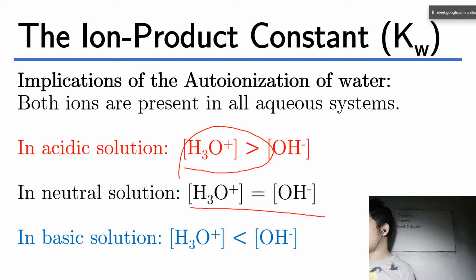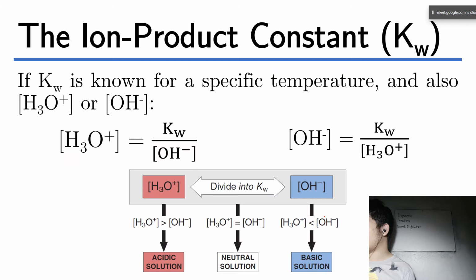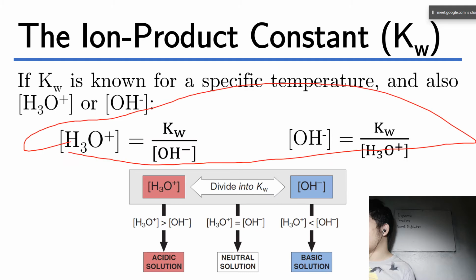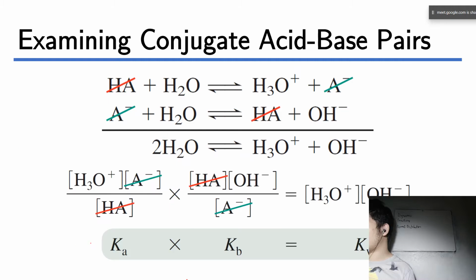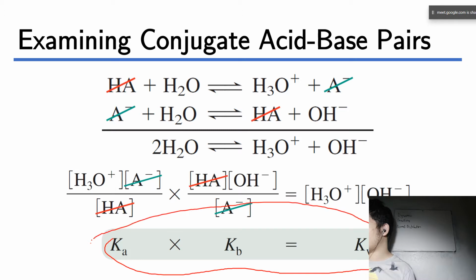In neutral solution, hydroxide equals hydronium. In basic solution, hydronium less than hydroxide. And to, we can form this relationship between H3O and OH. And lastly, ito rin, no? Pag conjugate acid and base yung present sa reaction, Ka times Kb equals Kw.